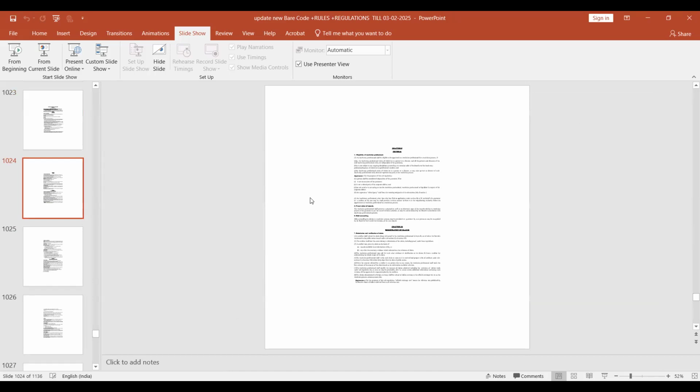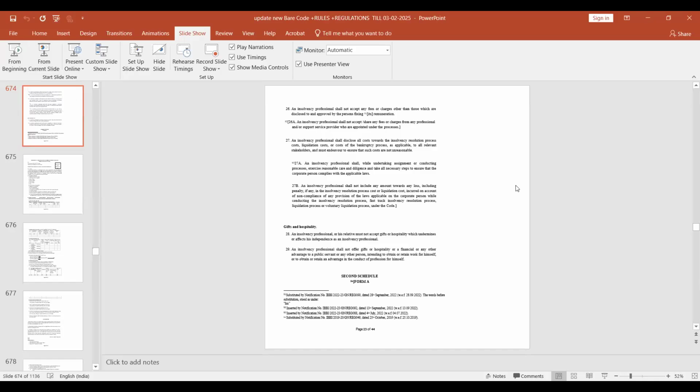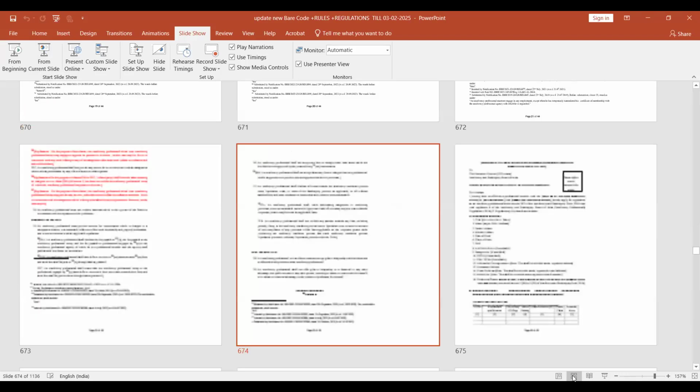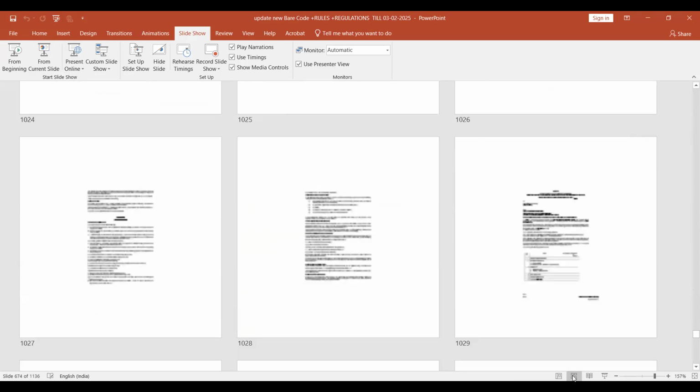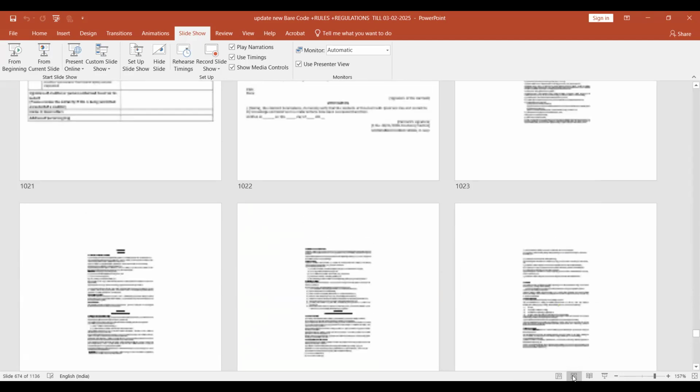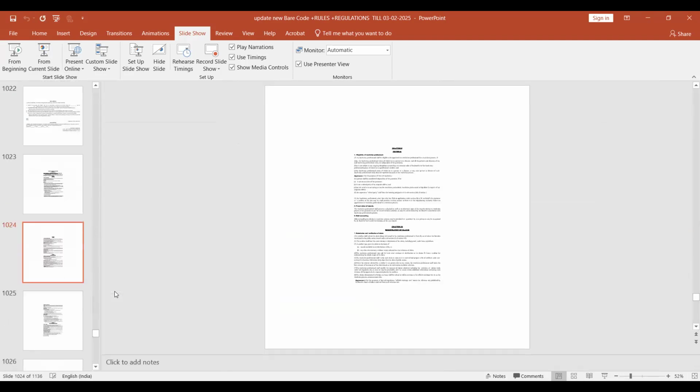And now let us see regulation number 4, page 1024. So this is the eligibility of resolution professional.